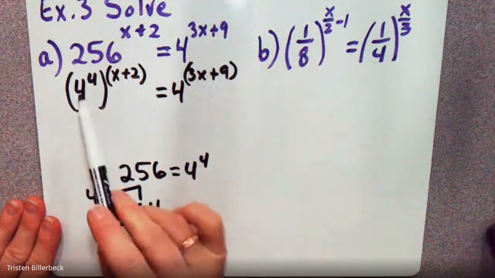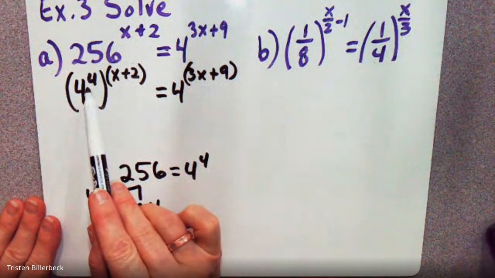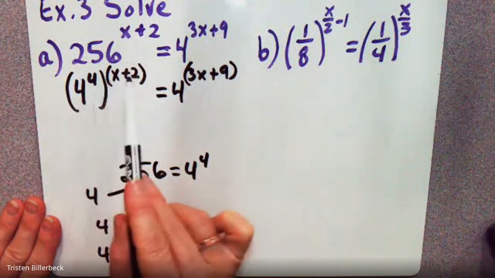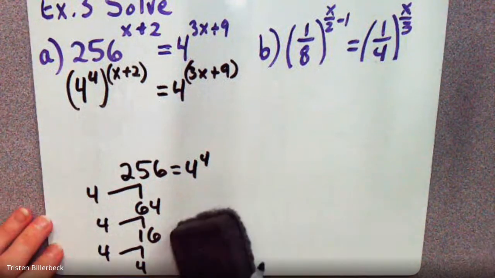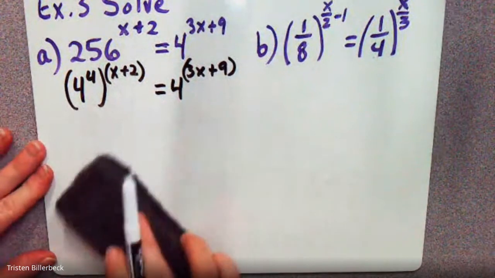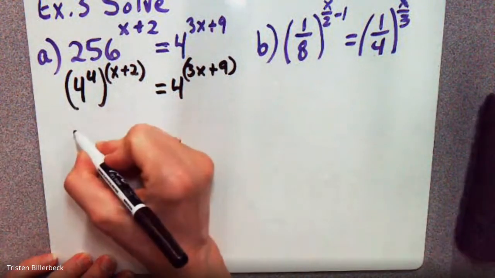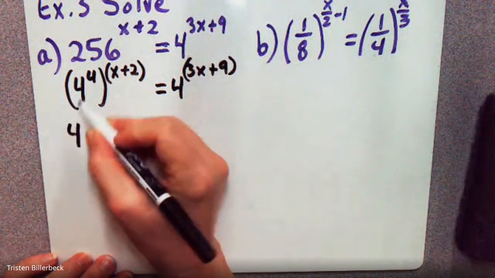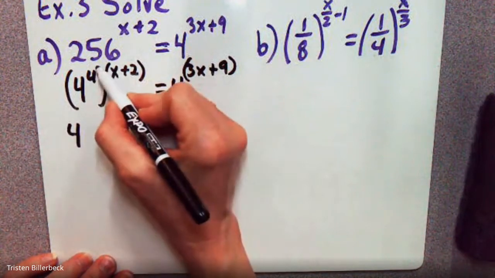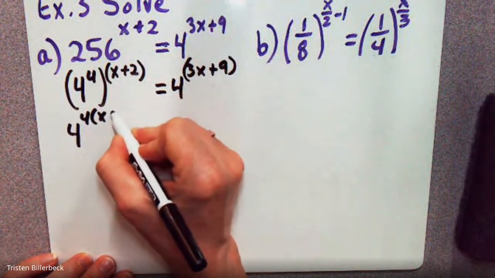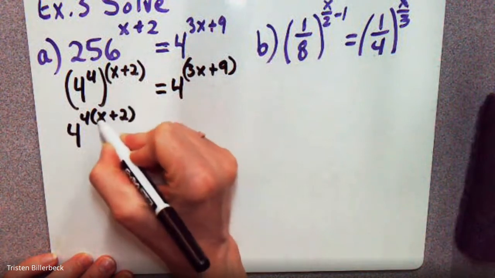All right, we have a power of a power here, so we can multiply these two. I'm going to erase this now so I have some room. And fasten your seatbelts. So we have 4, and we're going to distribute this 4. I'll just write one step out here so I don't lose anybody.